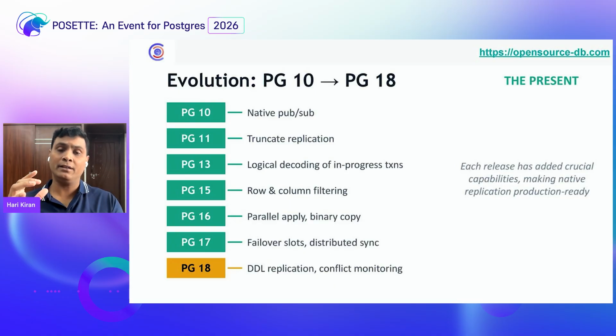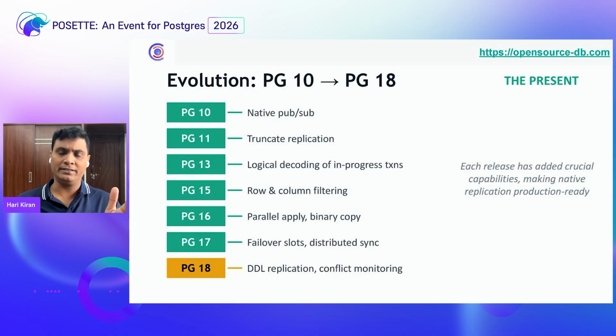And then, another important feature was the failover of replication slots that came in PG17, making logical replication viable for HA architectures. And PG18, which shipped last September 2025, brought us detailed replication support, conflict detection and monitoring, and parallel streaming as the default.